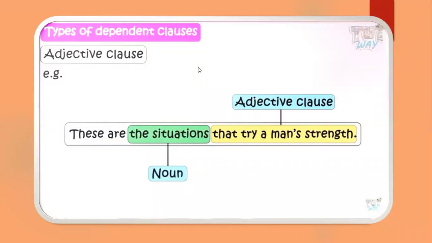These are the situations that try a man's strength. So what is the noun? The situation is the noun. That try a man's strength is the adjective clause. That means the adjective clause is modifying the noun.